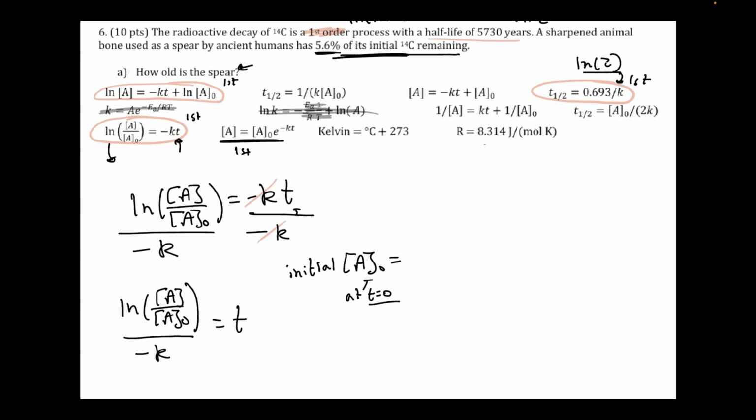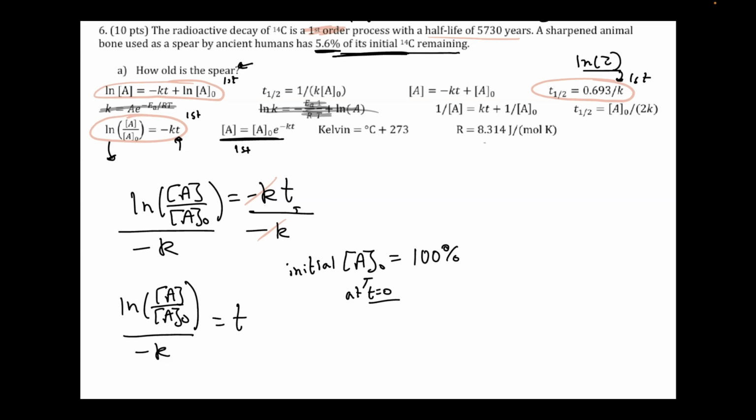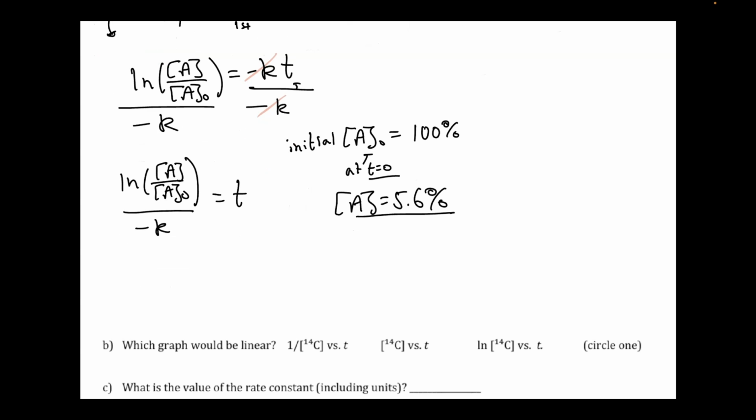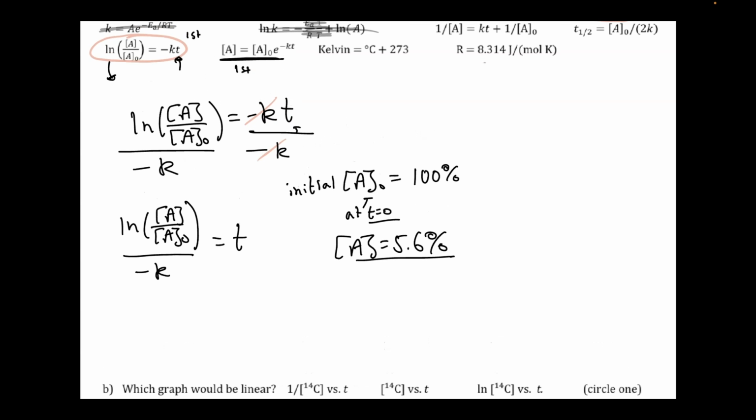Since all we know is the percentages, we'll say that initial is 100%, and it's 5.6 remaining, so that is how much is left. Basically, about 95% of it has already decayed. There's 5.6% left, so A is equal to 5.6%. Then we can plug those in and solve.